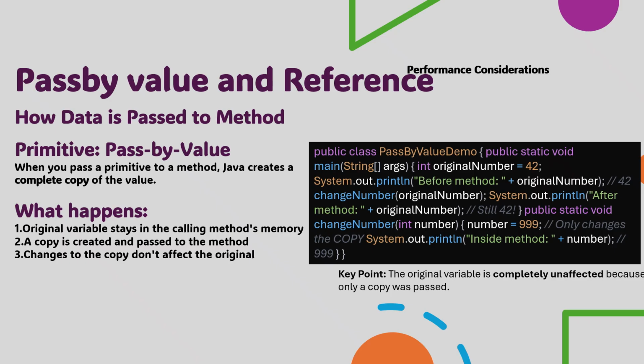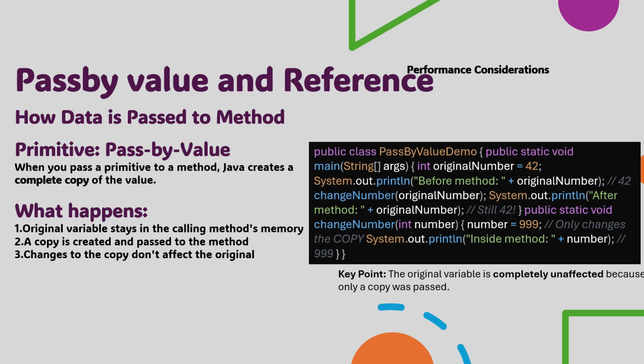The moment I call that method and input a value, because I already declared under the method what should happen, it replaces or overrides the value. Just a copy of the value is changed, but the original is maintained.